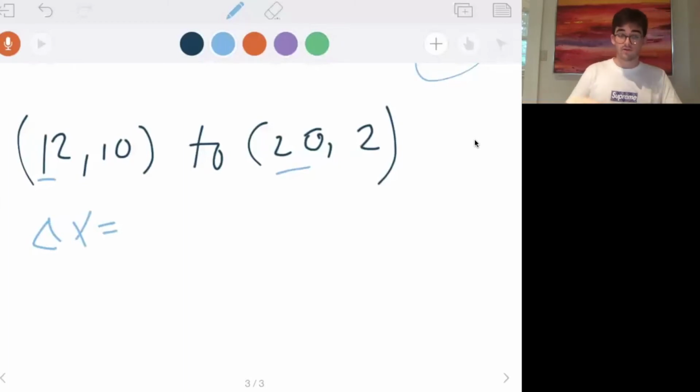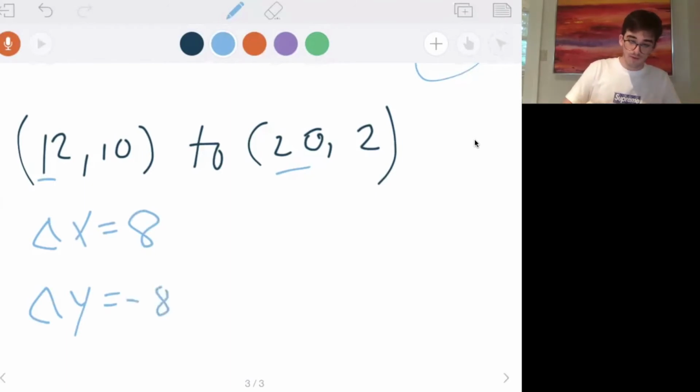That's an increase of 8, so it's positive 8. Change in y, we went from 10 to 2. Now we're decreasing, so our change in y was actually negative 8 because we're going down. Put it all together: our slope is your change in y over change in x. Slope is going to be negative 8 over 8, which is just negative 1.